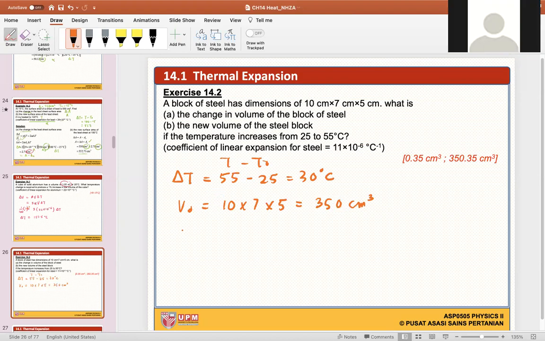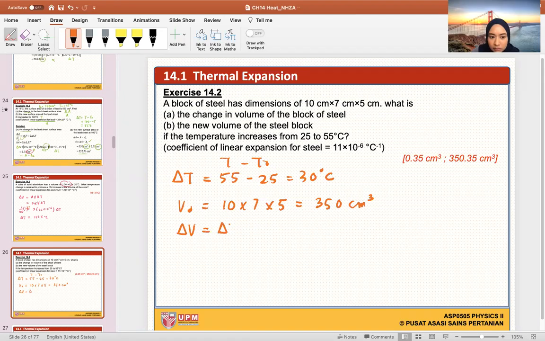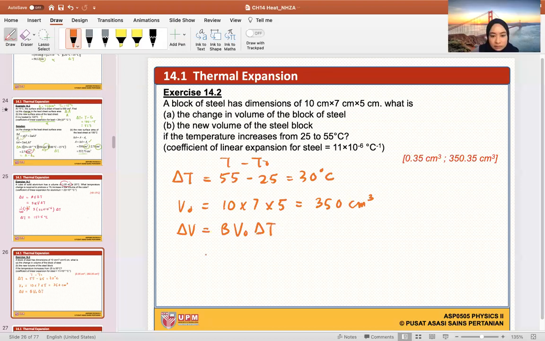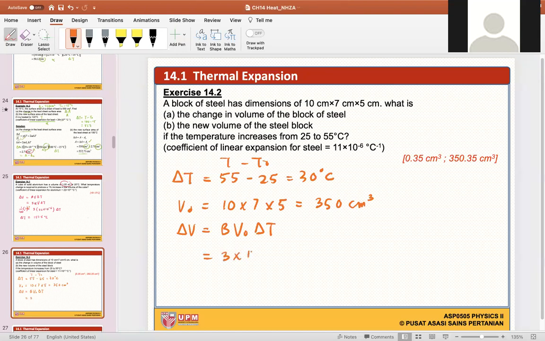Lepas tu saya guna formula delta V equals to beta V0 delta T. Untuk beta tu saya kali 3 kali 11 kali 10 negatif 6 dalam bracket 11, degree Celsius negatif 1.